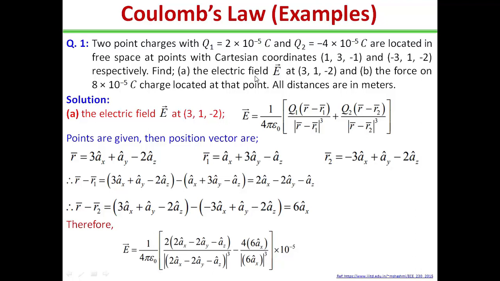Find the electric field at point (3, 1, -2), and also calculate the force on a charge of 8 × 10^-5 coulomb located at that point. All distances are given in meters.